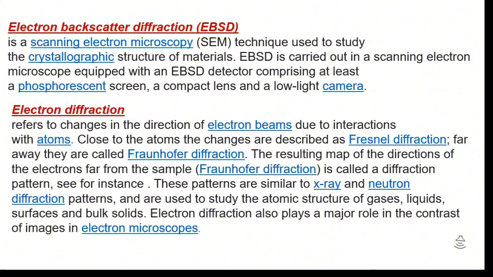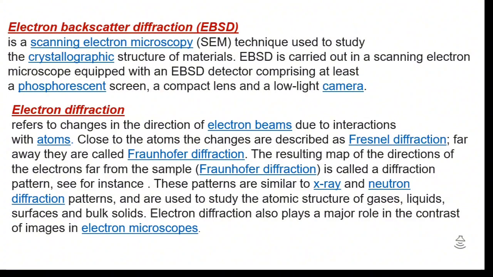Then, electron diffraction. Electron diffraction refers to the change in the direction of an electron beam due to interaction with atoms. Close to the atoms, the changes are described as Fresnel diffraction.